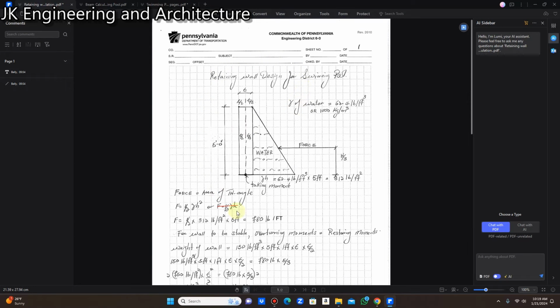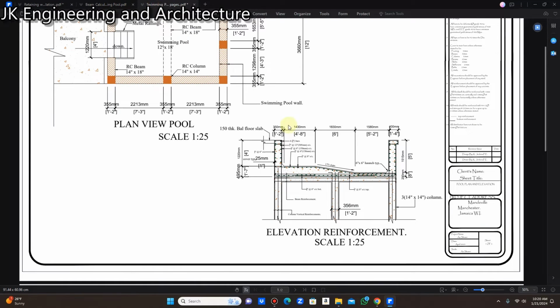So I'm going to go over the retaining wall calculation for the pool. I use a height of 5 feet, and remember I said to you earlier that the height of the wall on the opposite end is 5 feet, right?